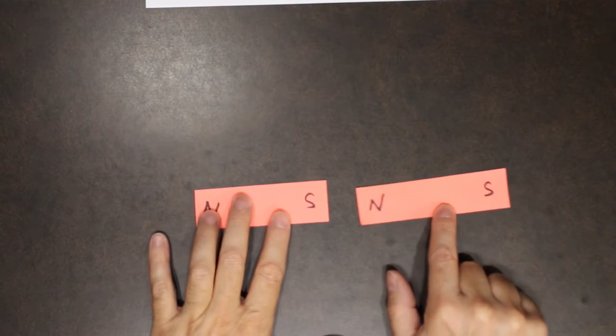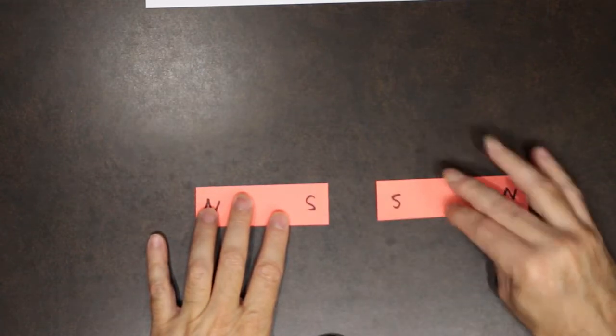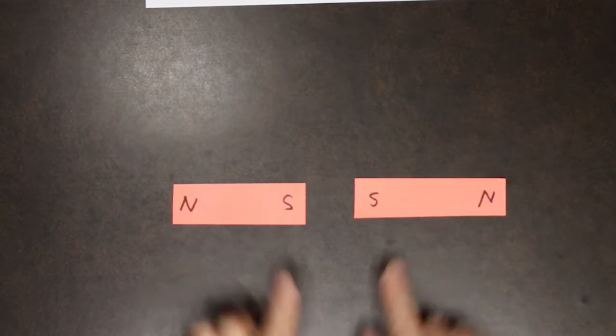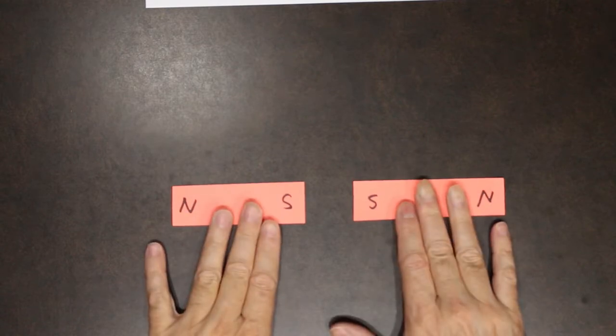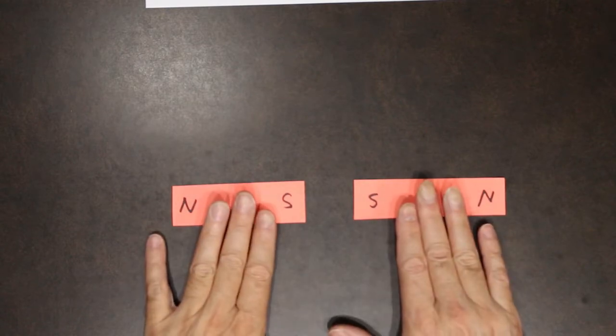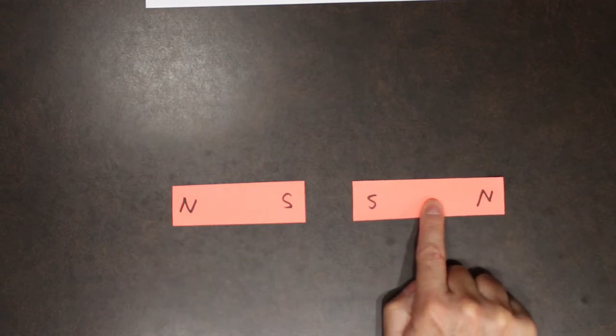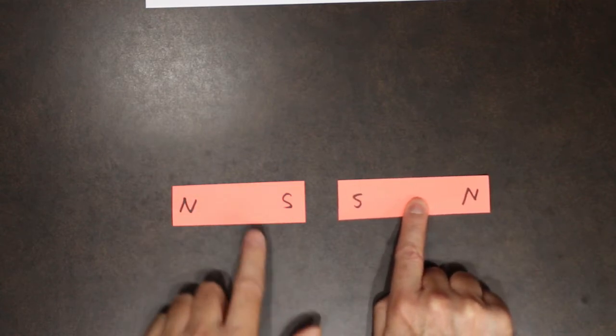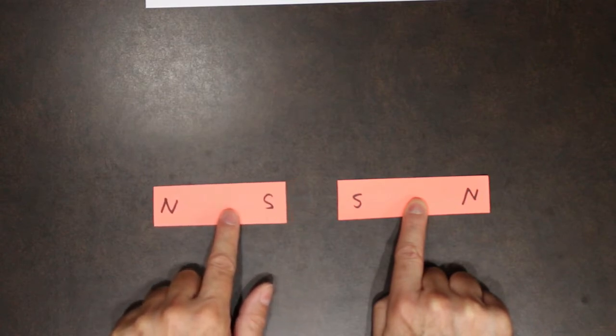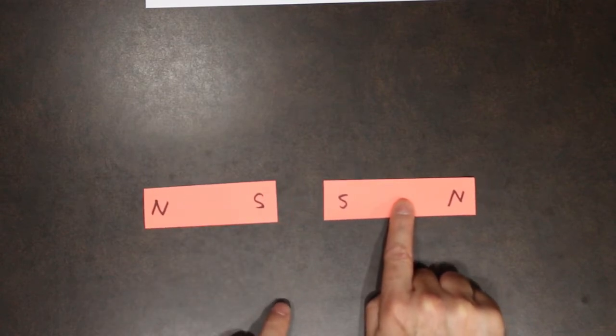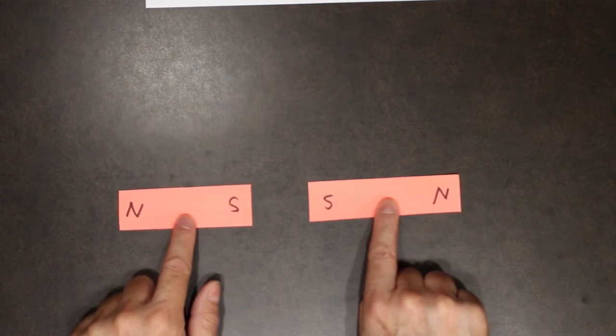So if we look at our little magnets, opposites are going to attract. If we have like poles, they're going to repel. Basically, if I move this magnet closer to this one, it would cause this one to move away. So move this one closer, and this one will continue to move.